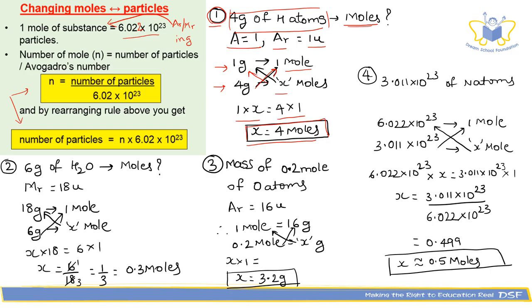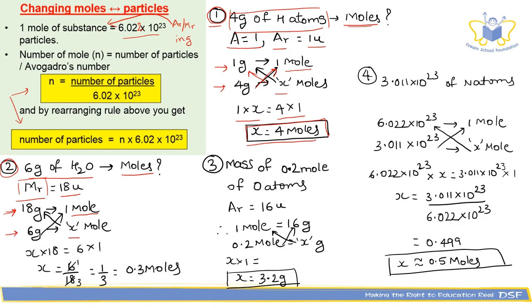Let's try the second problem, wherein you need to find out the number of moles in 6 grams of water molecules. Relative molecular mass of water is going to be 18 U, which we have already seen before, and therefore 18 grams of water molecules is going to give you 1 mole. So if 18 grams is going to give you 1 mole, then 6 grams is going to give you, let's say, X moles.